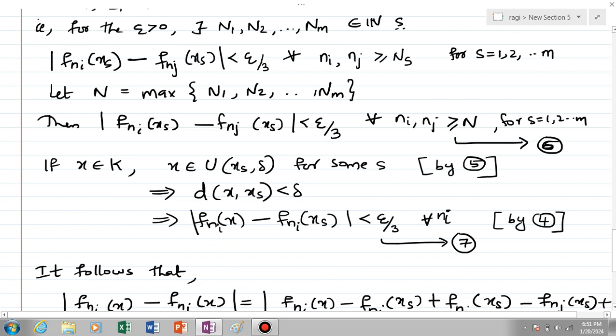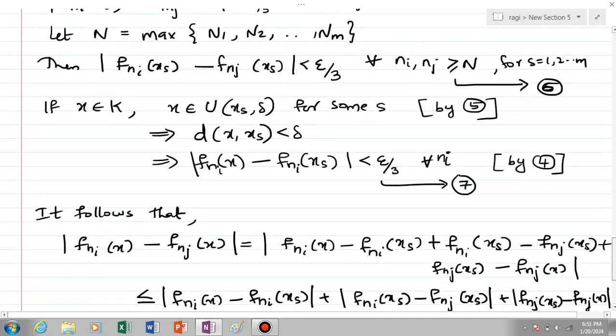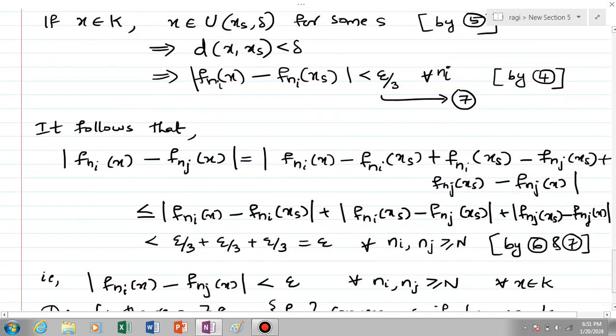That means the distance of x from xs is less than delta, and so by equation number 4 we can write modulus of Fni of x minus Fni of xs is less than epsilon by 3 for every ni. Let it be equation number 7. Then we are coming to the main point.